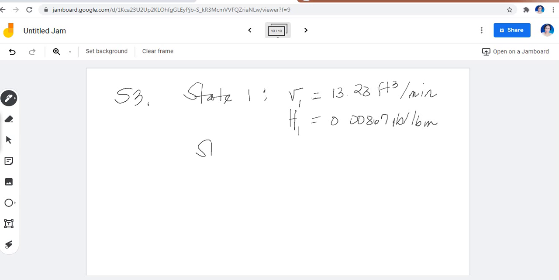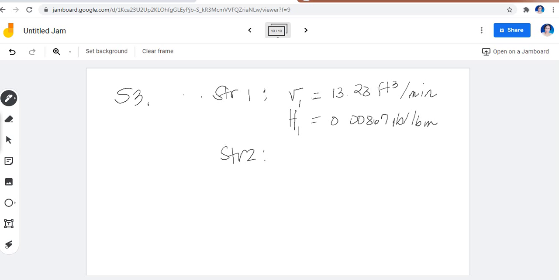In state 2, rather, this is not state 2. Since we have the mixing, we will solve the problem later. So we have here stream 1 and stream 2.